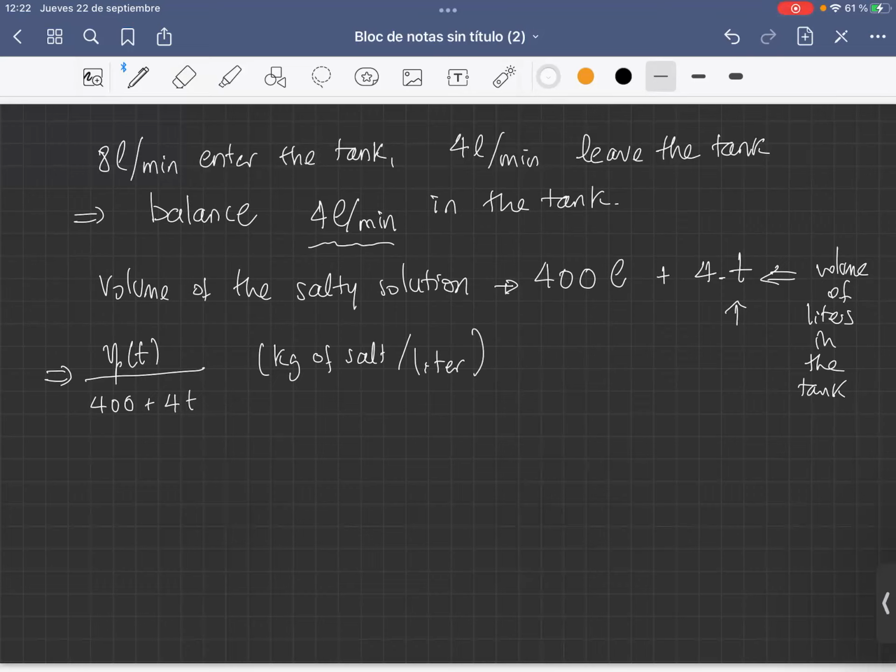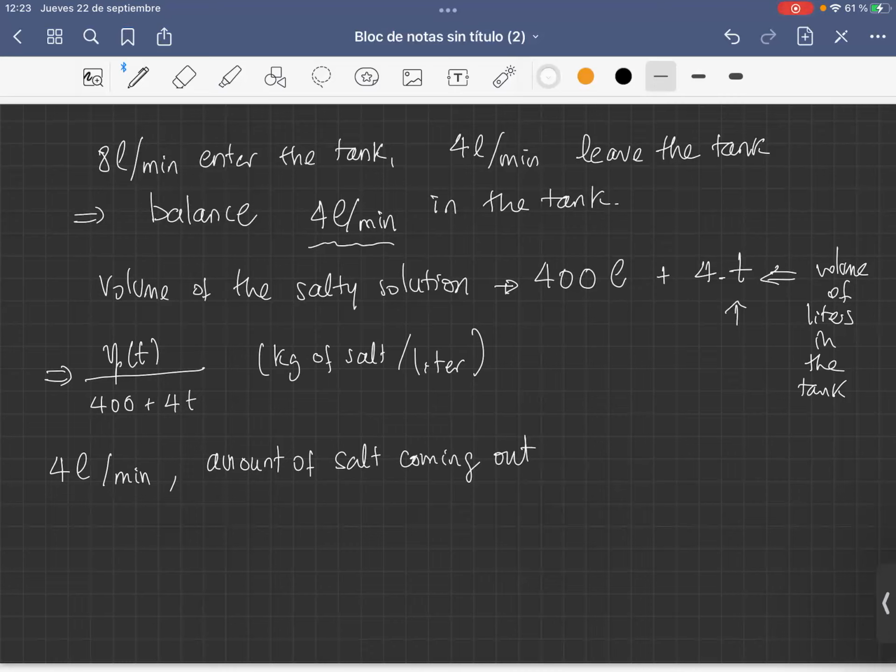Okay. So if we know that from the mix we're getting 4 liters per minute out, then the amount of salt coming out, what will it be?